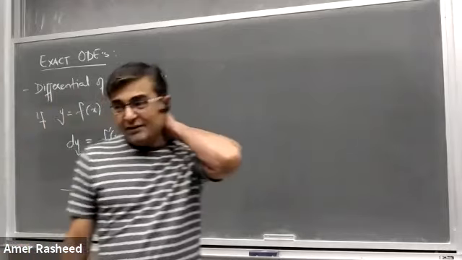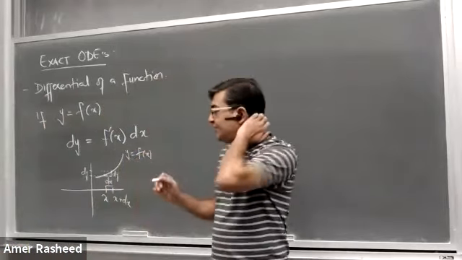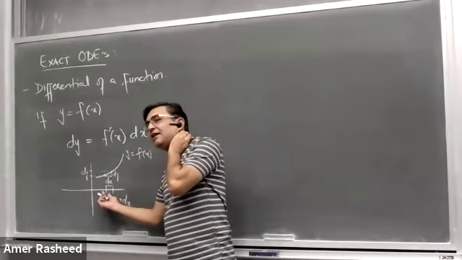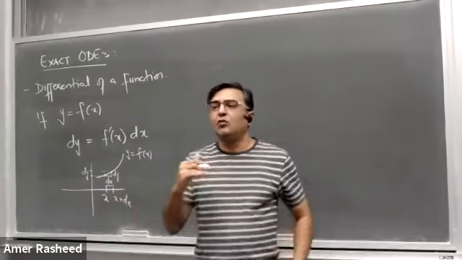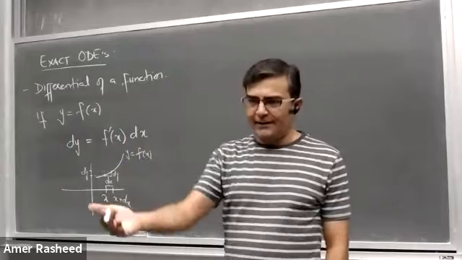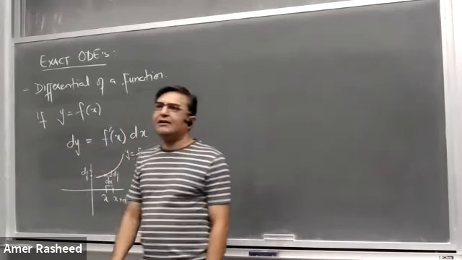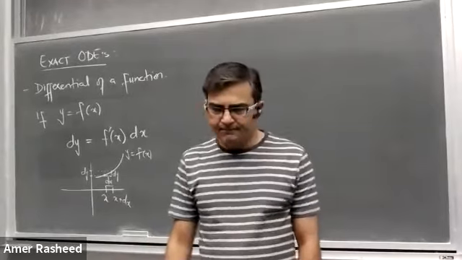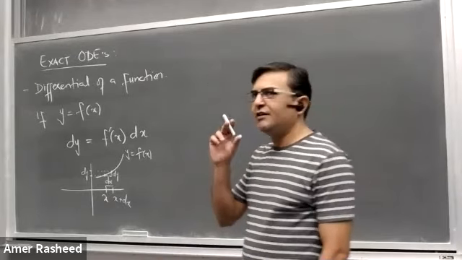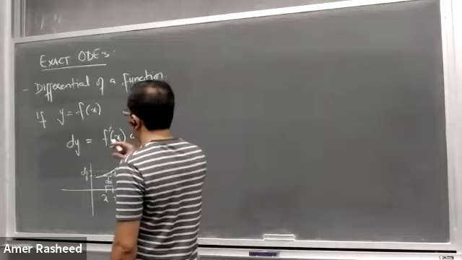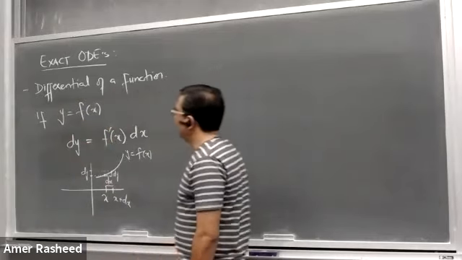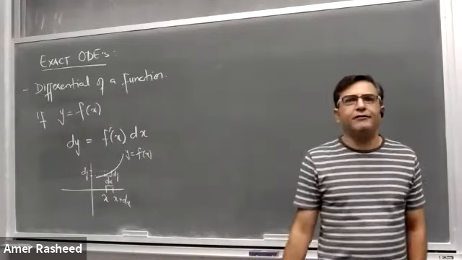Now, what does it mean if we change x a little bit? How much change would occur in y? This is what dy basically gives us here. We call it differential of this function.